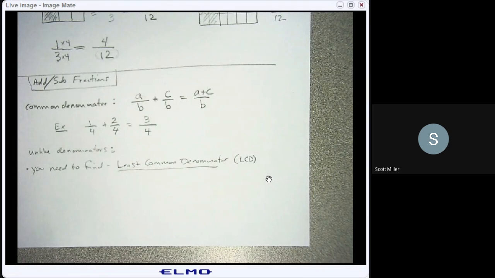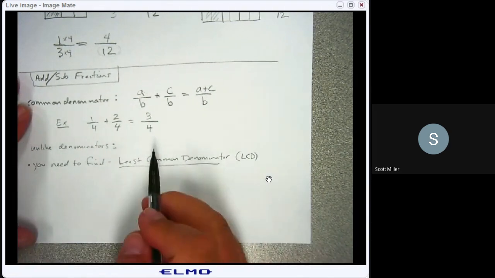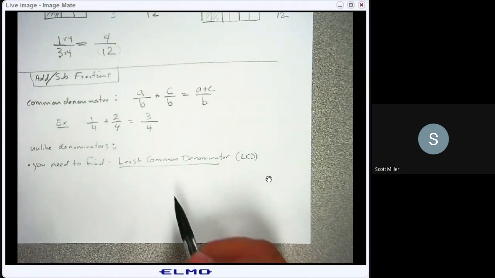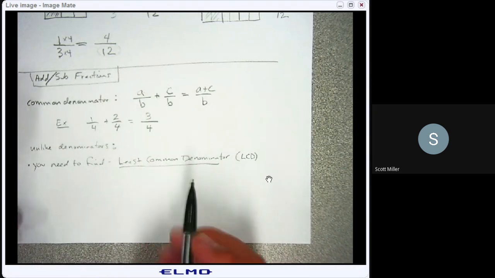So how do I find that one, okay? Well, it's called the least common denominator. When you hit fractions, they call it that. Before fractions, they gave you work that you did in class, and they called it this.